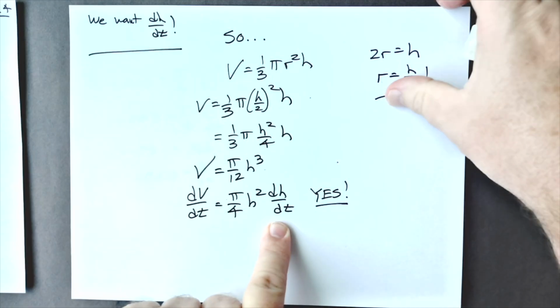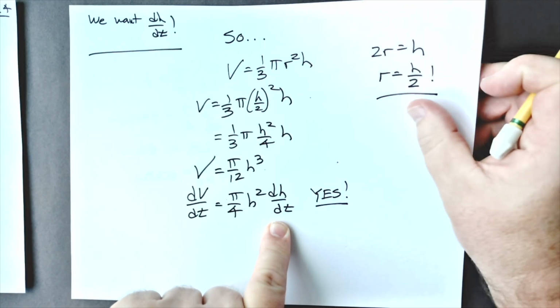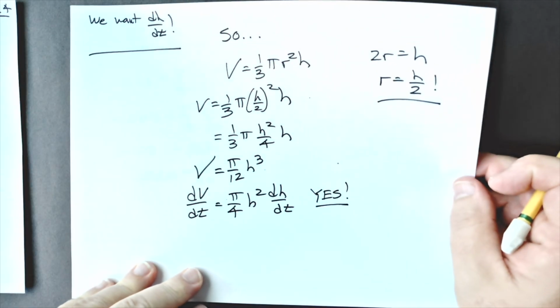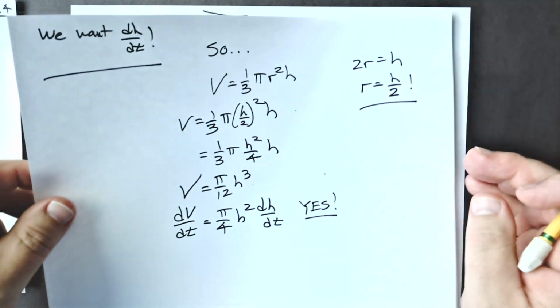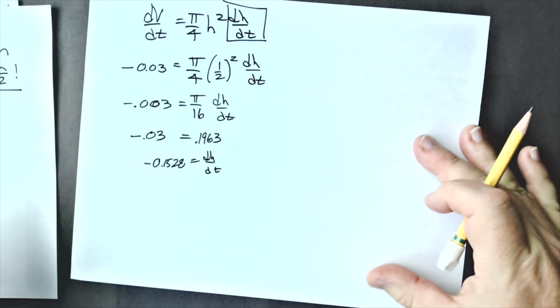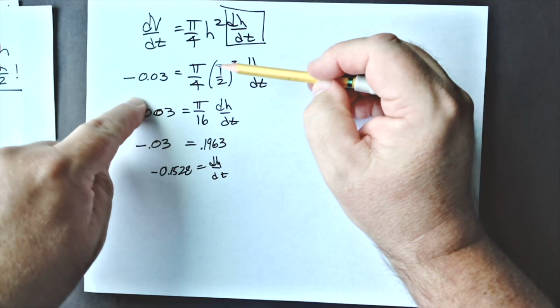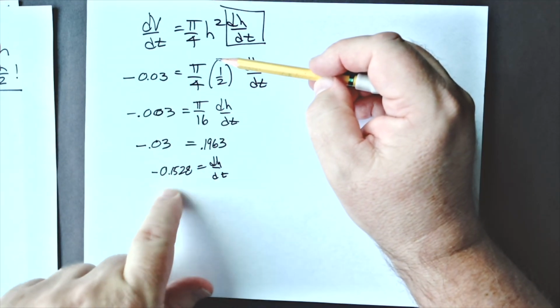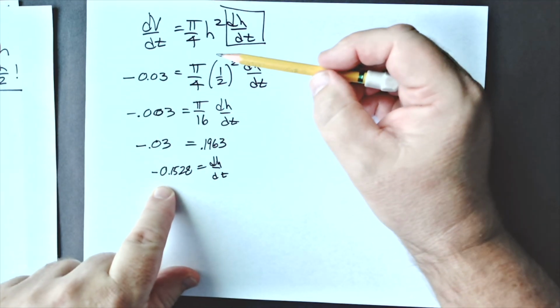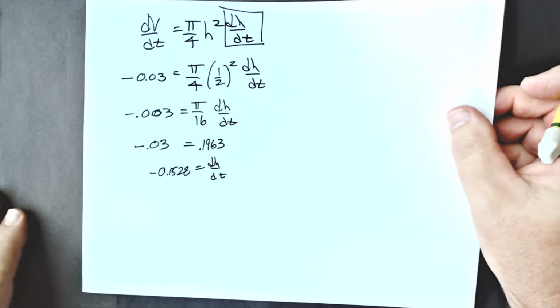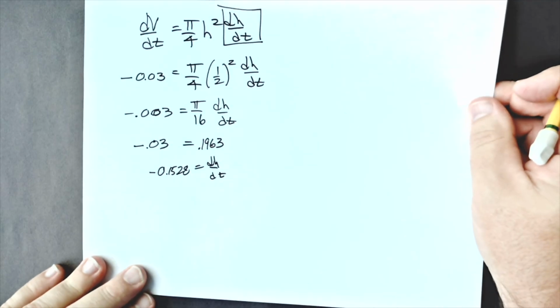There's that dh dt. So that trick is that little extra thing that they're doing just to see if you're paying attention. Then we can substitute everything in. We had the height was a half a foot. Here's the volume. And we do our work, and then we come down here. So the height is changing at negative 0.158 feet per second. There we go.